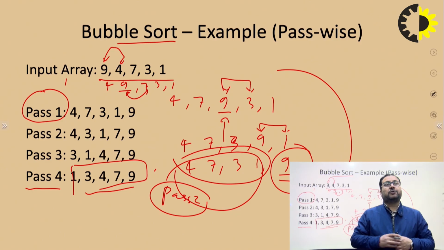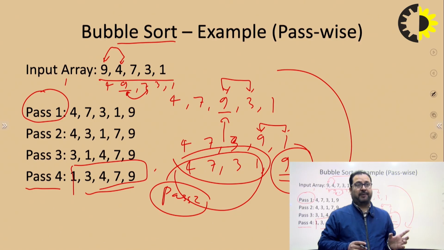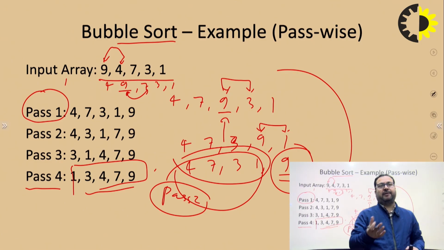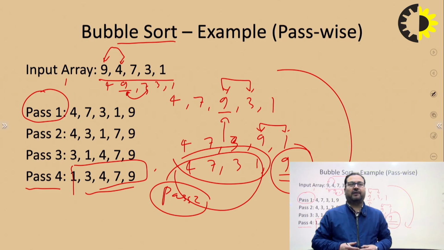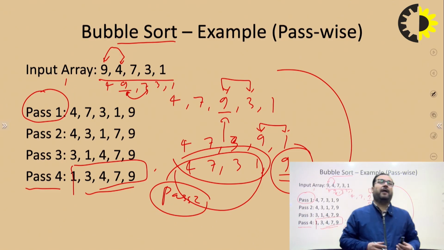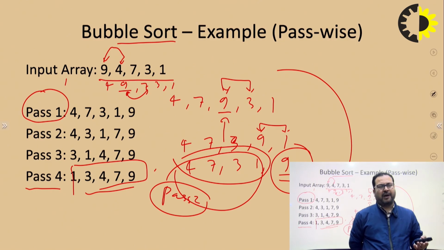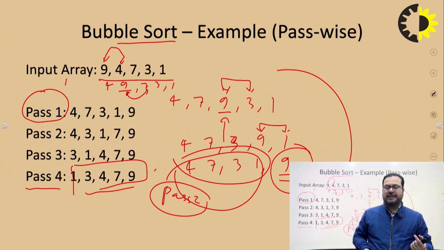One pass may take at most n minus 1 comparison, maximum in the worst condition. The worst condition comes when the list is already in decreasing order. So in the worst condition, it will take n minus 1 comparison.